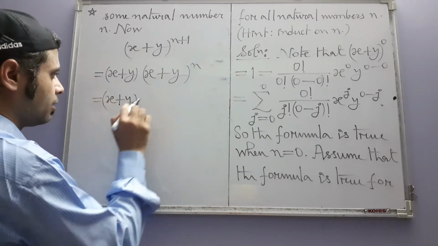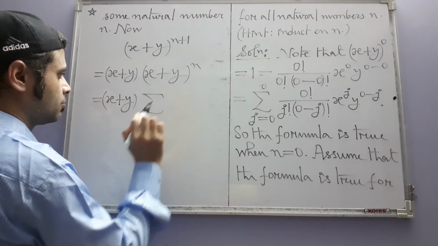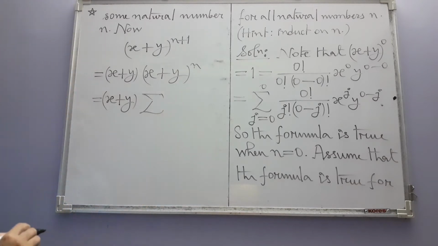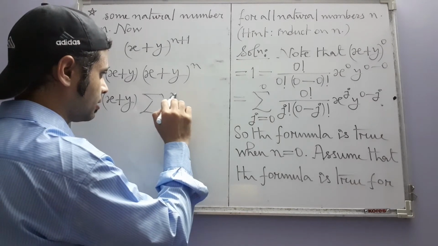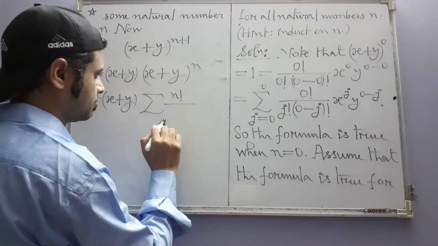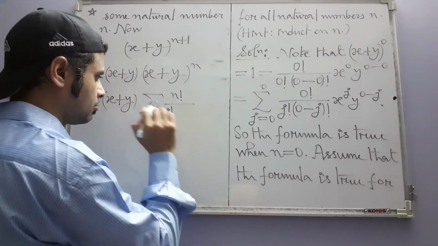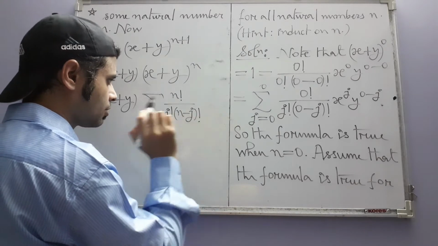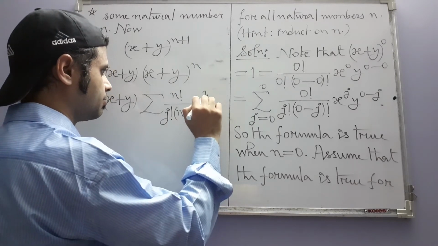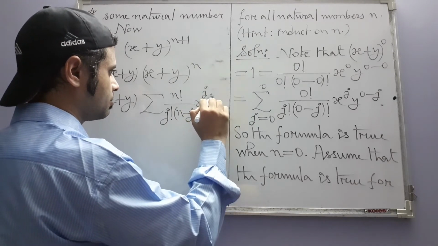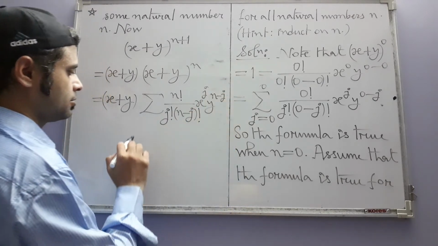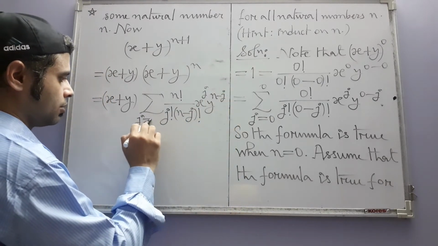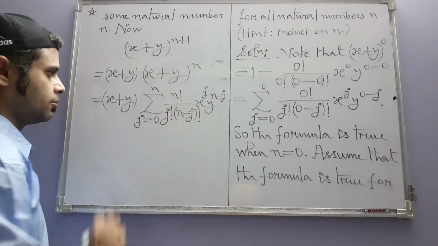That is, we have this, okay, I have to write carefully, I don't have much space. N minus j factorial times x to the power j times y to the power n minus j, where j varies from 0 to n.